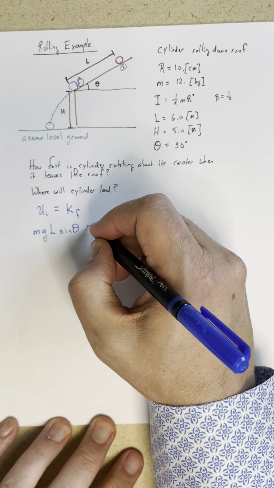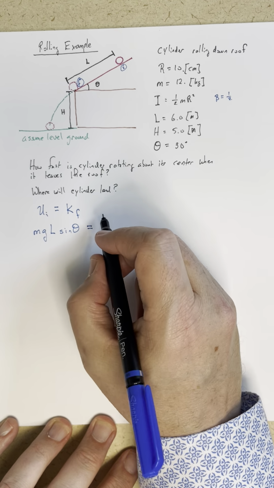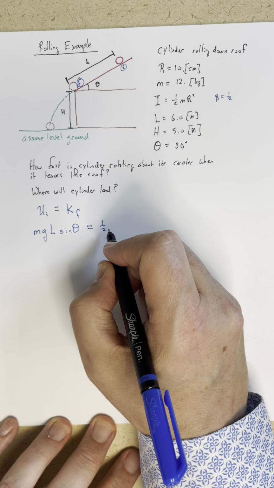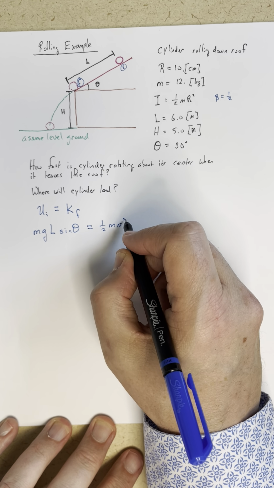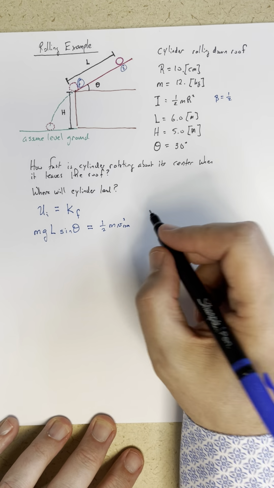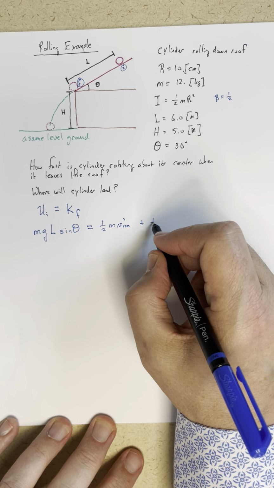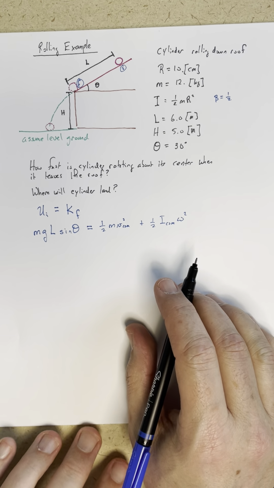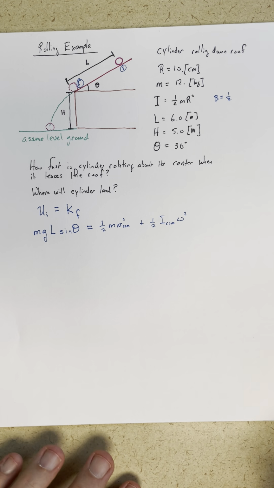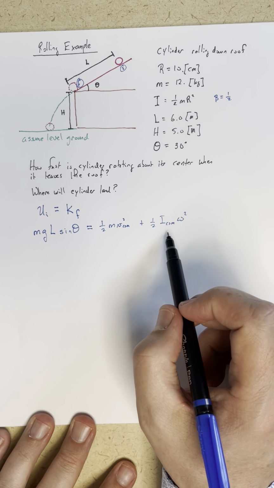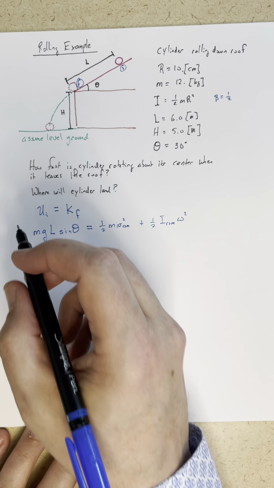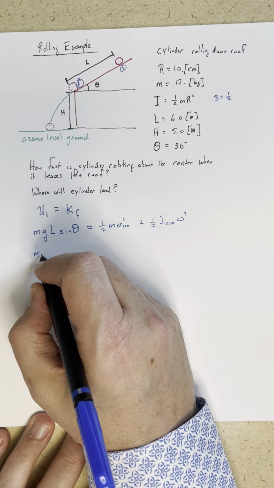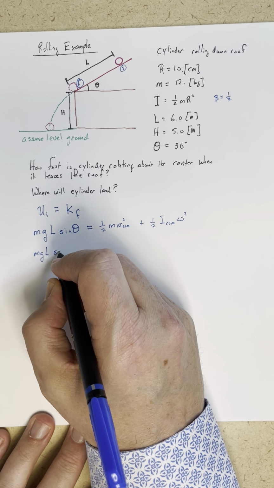And then kinetic energy, we need to remember that we have two kinds of kinetic energy: in translation and kinetic energy in rotation. And I'm going to plug in what the rotational inertia is for the uniform cylinder.